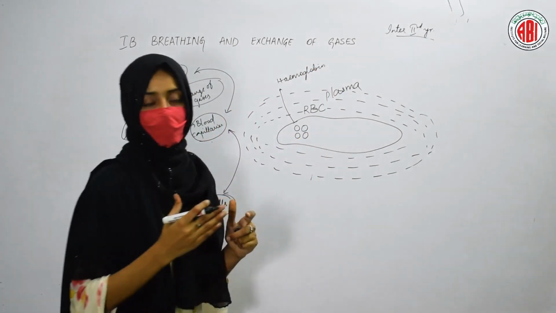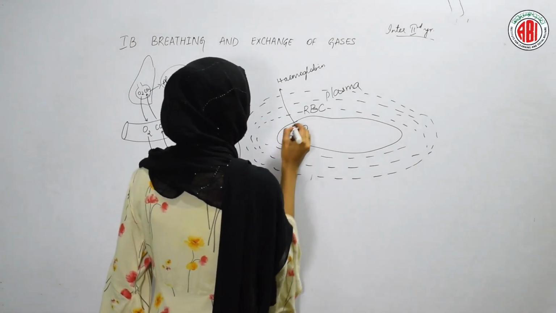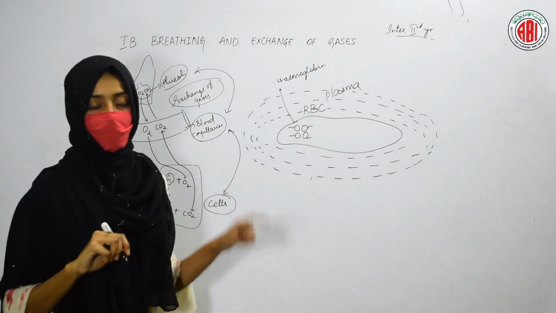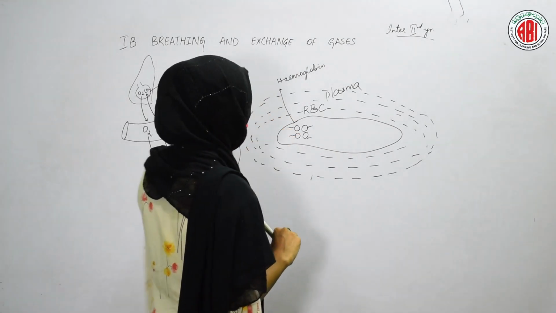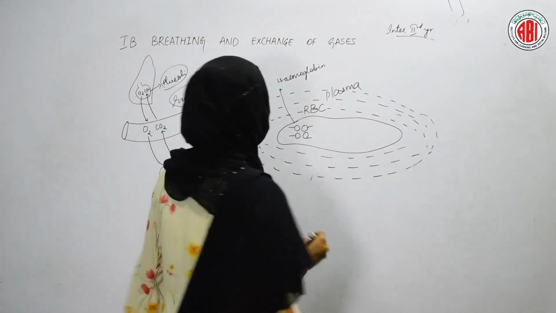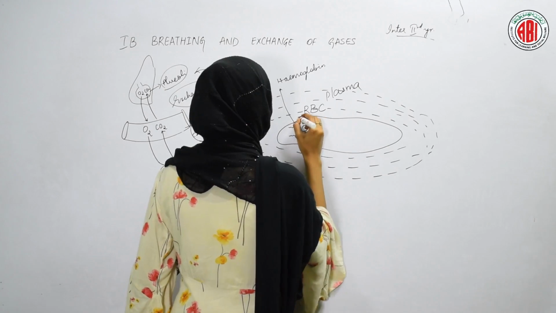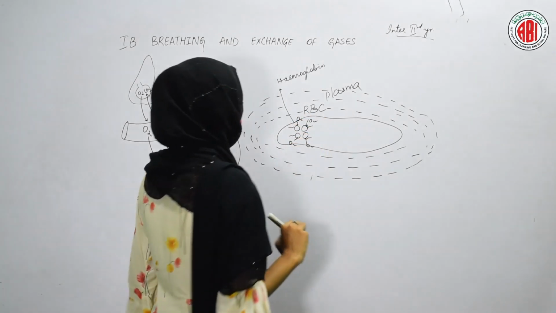When you look at the structure of hemoglobin, it shows 4 heme groups, with a proteinaceous globin chain with each heme group, and to each heme group the oxygen comes and binds. So once the oxygen enters into the blood, it binds to the hemoglobin of the red blood cells.